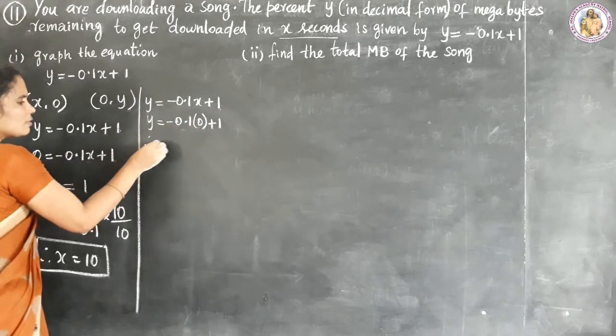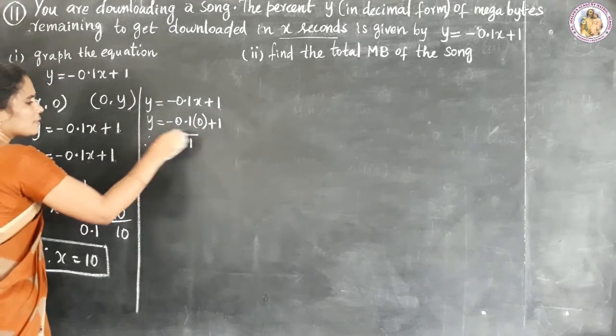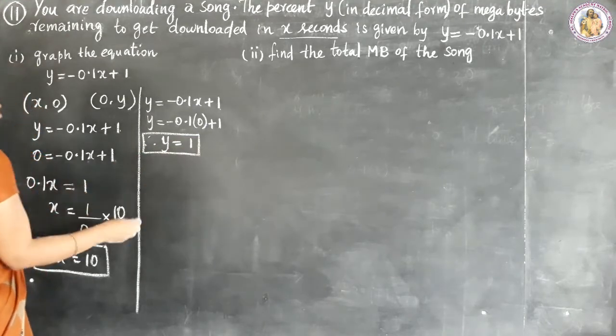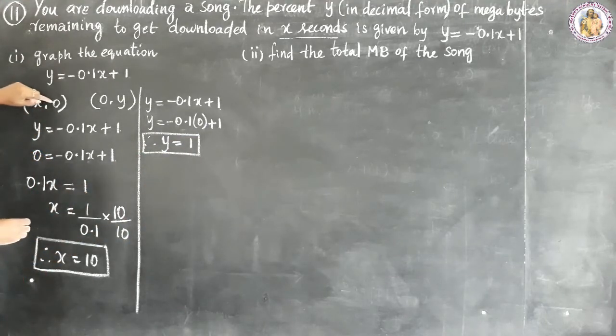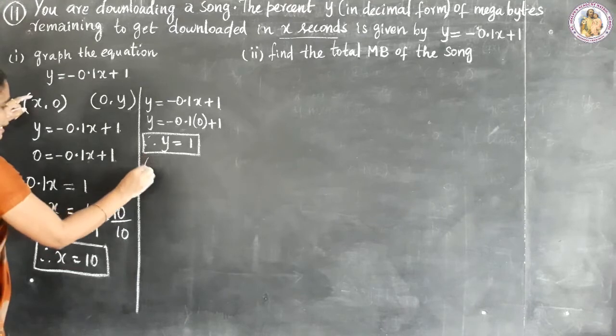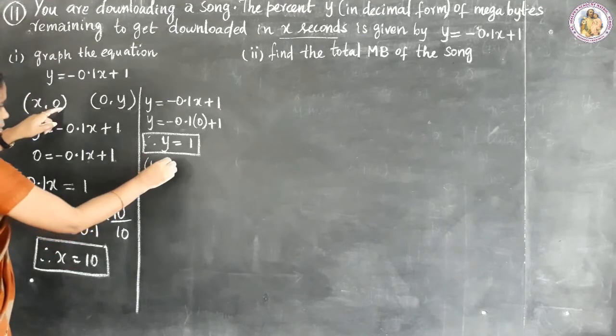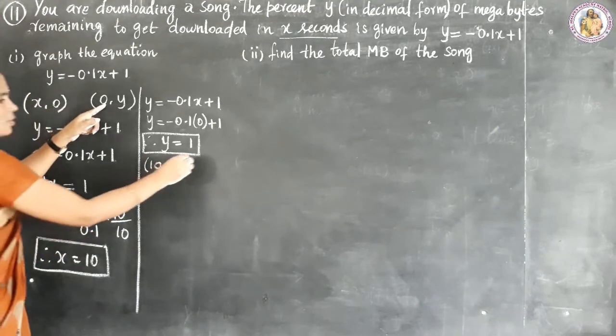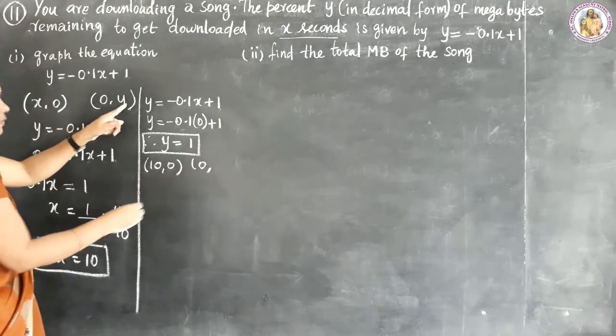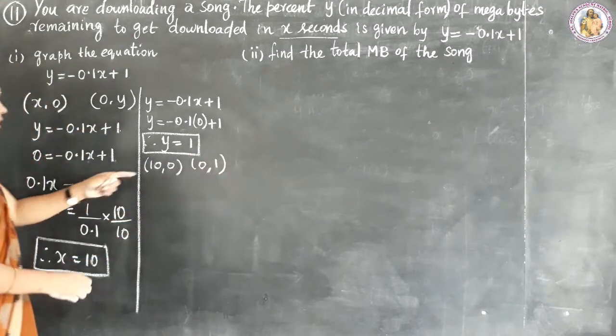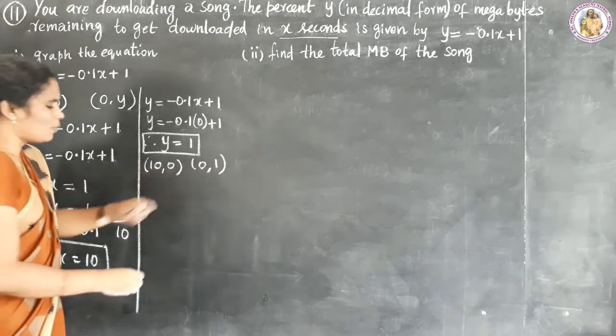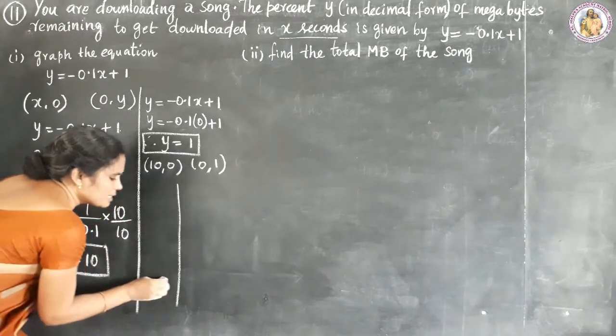Therefore y is equal to 1. So the points are (10, 0) and (0, 1). Now plot the points in the graph.